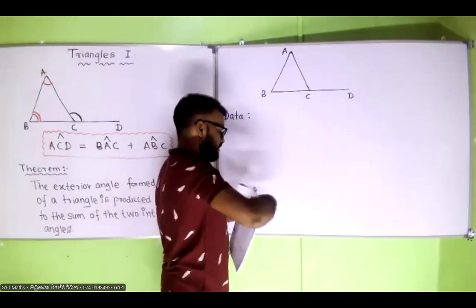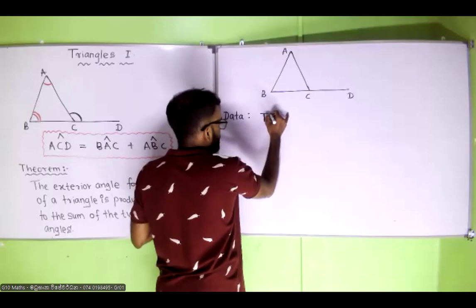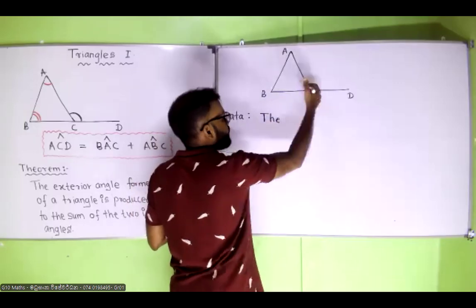So let's write. The BC side is the only thing that we can extract from this figure.